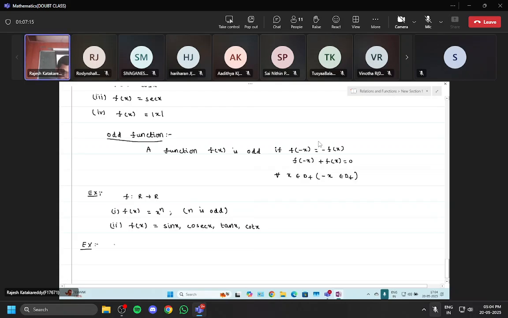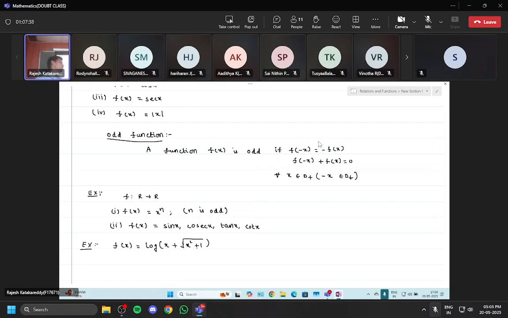So the function here, I can say, f of x is equal to log of x plus root of x square plus 1. This is the function given. We need to check whether the given function is even or odd.